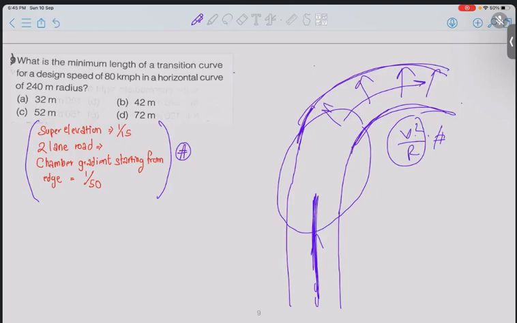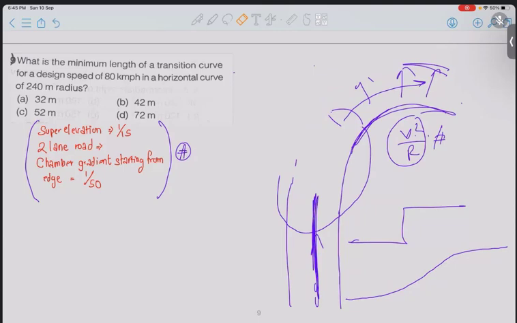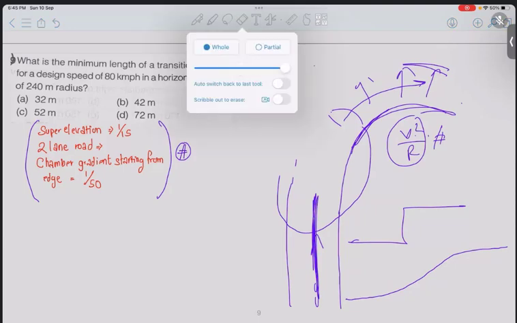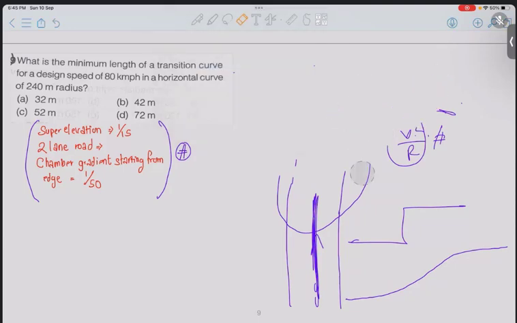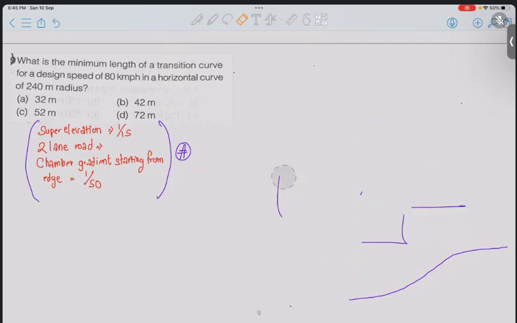We want to avoid this sudden jump in the centrifugal force. So we introduce a transition curve so that the centrifugal force is applied gradually to our body. That is the role of the transition curve. One more person answered, which is also an acceptable answer, but this is the exact word to word answer that people are looking for.